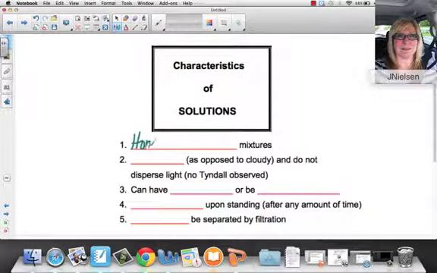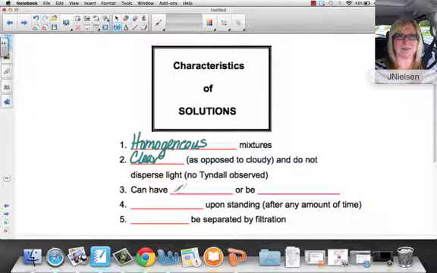Well, we know that they're homogeneous, meaning that they are the same throughout. They are clear as opposed to cloudy and do not disperse light. So there is no Tyndall effect.